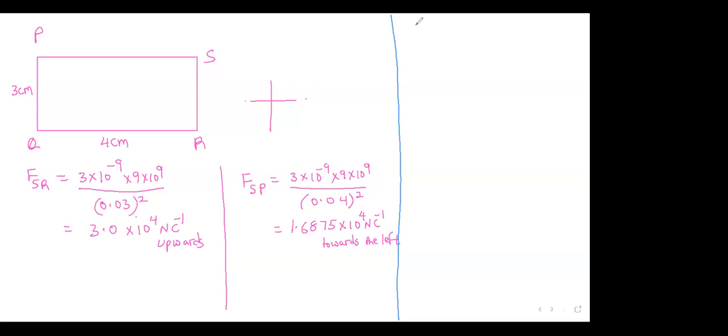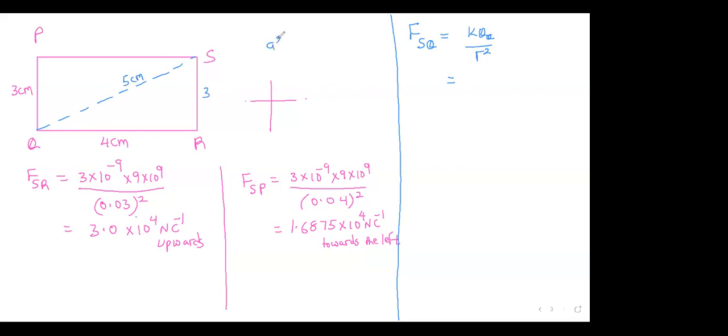Yes, Joseph, take us through the last part. The force, B to Q. So when finding the force, it's going to be K times the charge at Q divided by the distance of separation squared. The distance of separation we get using Pythagoras theorem, which gives us 5 centimeters.